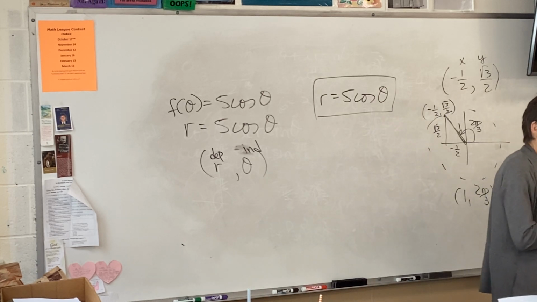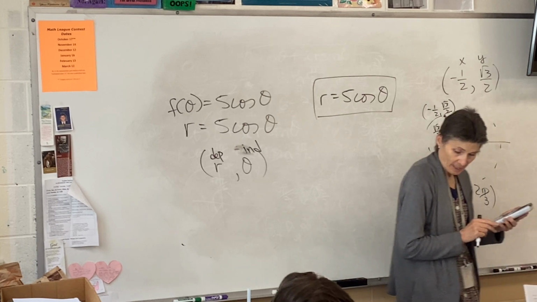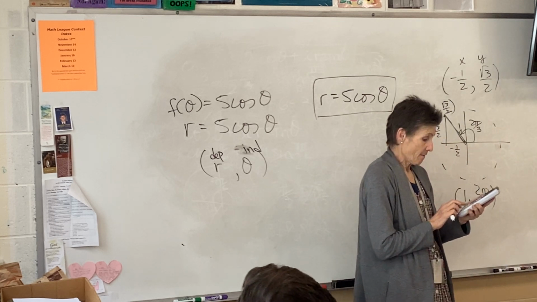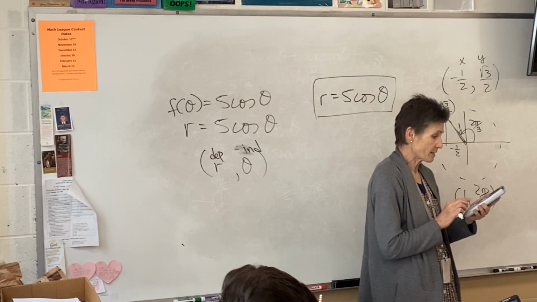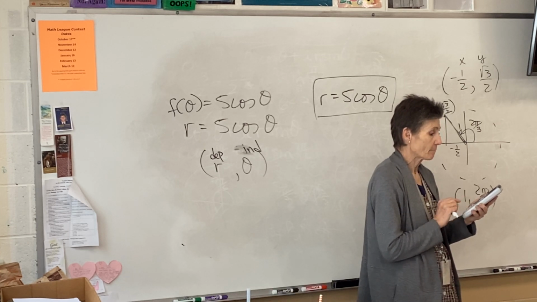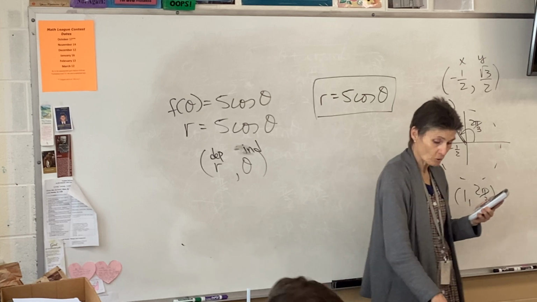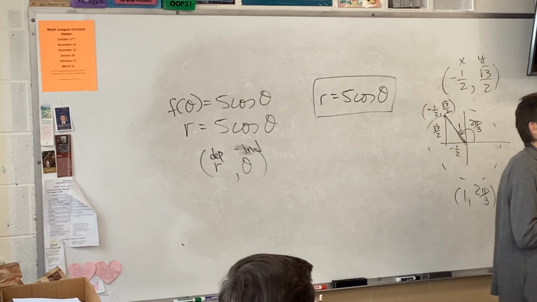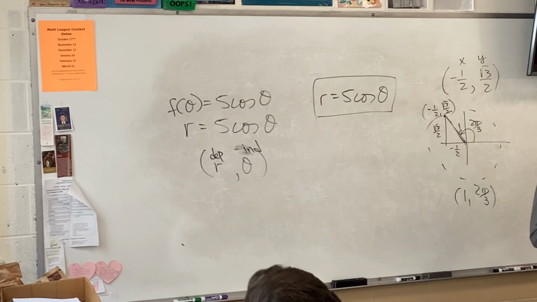All right, let's not change a thing. Let's put in 5 cosine 3 theta. Okay, we're doing the first one, and again, it would really be helpful if you were writing down what your picture shows in your notes there.